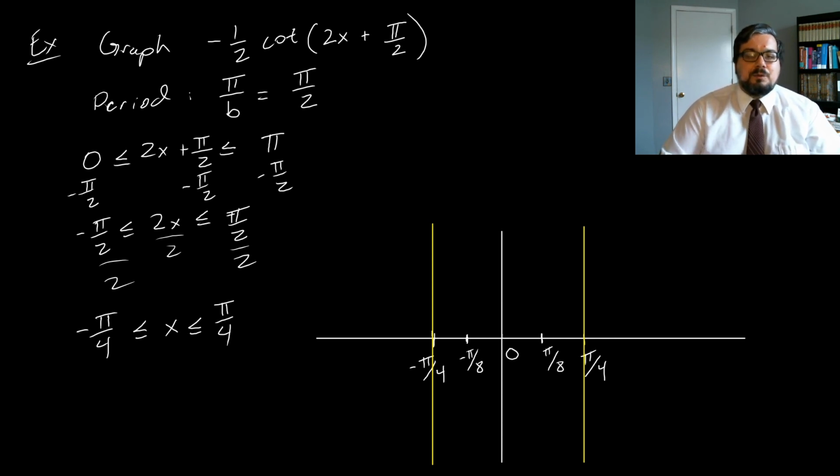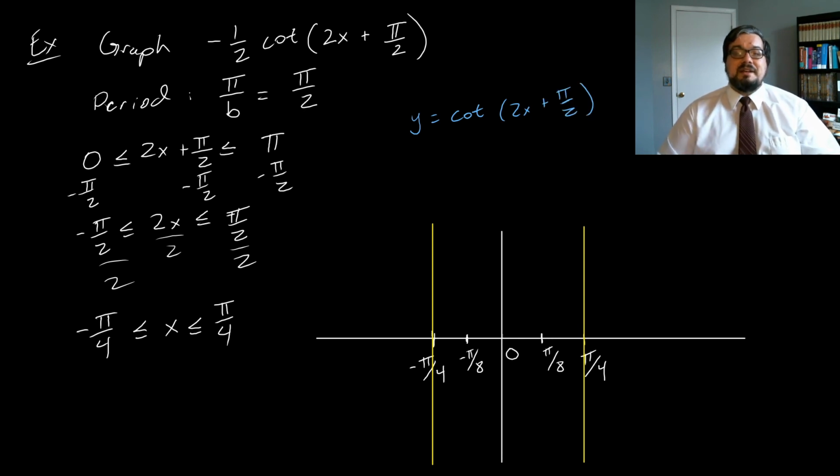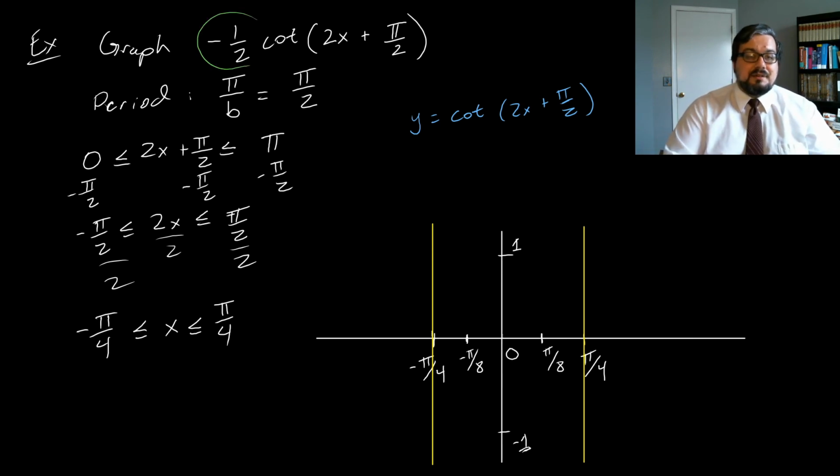Now, once again, we're going to want to start by graphing y equals just cotangent of 2x plus pi over 2. We're going to use the points that we know show up on the graph of cotangent in the order we know they show up in, and then after we graph that, we'll adjust the y values based on this coefficient in front.